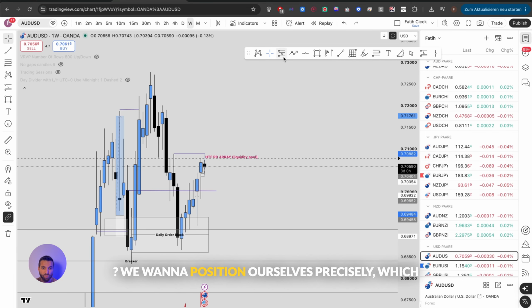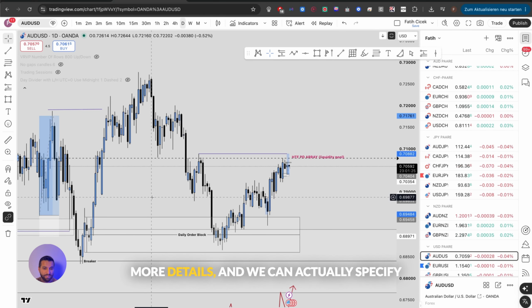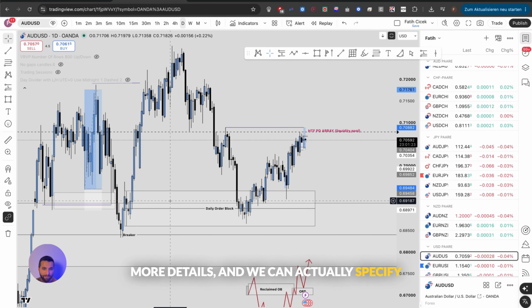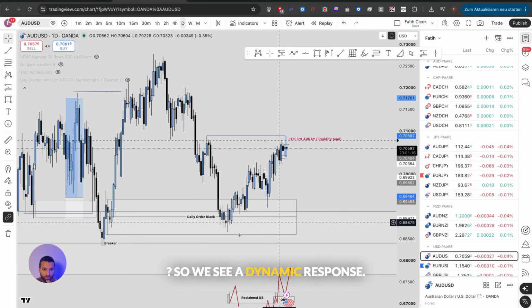We want to position ourselves precisely, which is why we go down to the daily time frame. And then we have more context and more details, and we can actually specify our zones and our target levels as well. So we see a dynamic response.